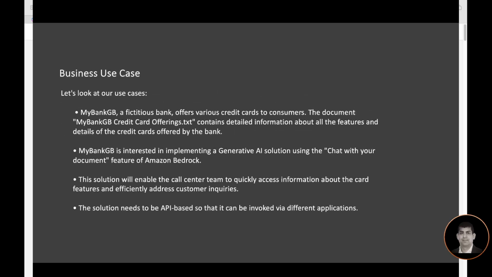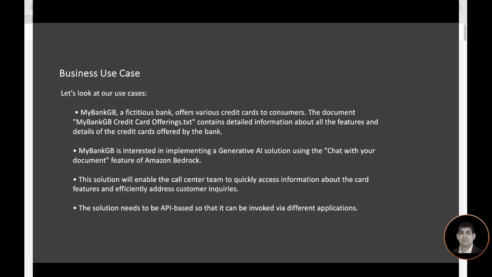Let's look at our use case. MyBankGB, a fictitious bank, offers various credit cards to consumers. The document MyBankGB credit card offering.txt contains detailed information about all the features and details of the credit cards offered by the bank.